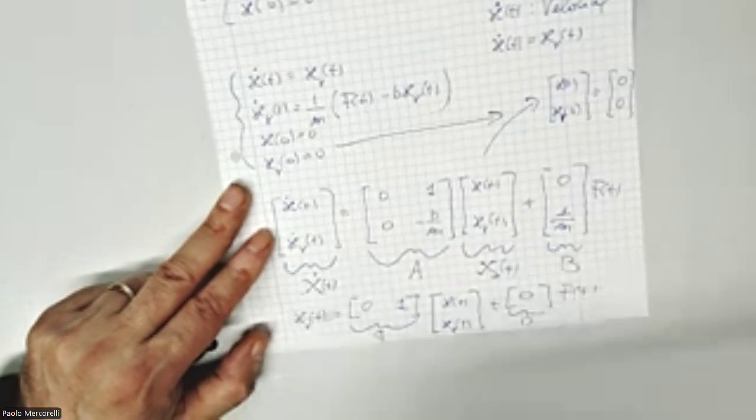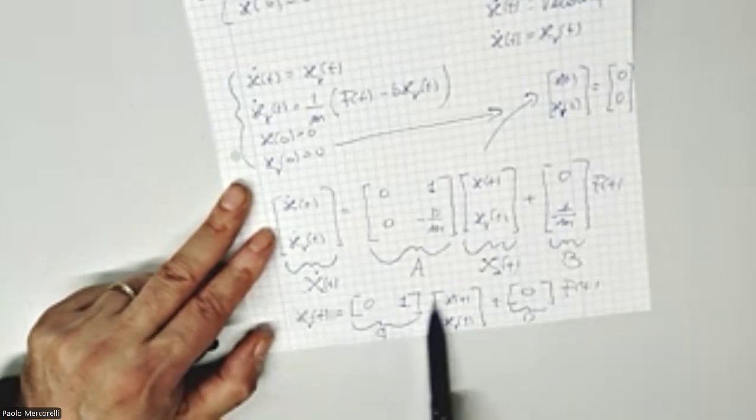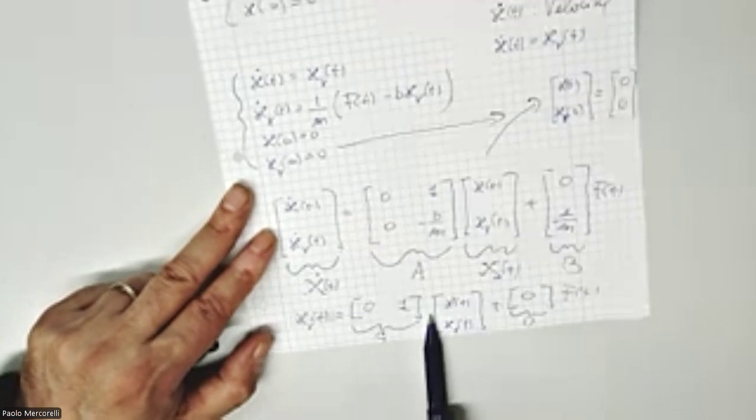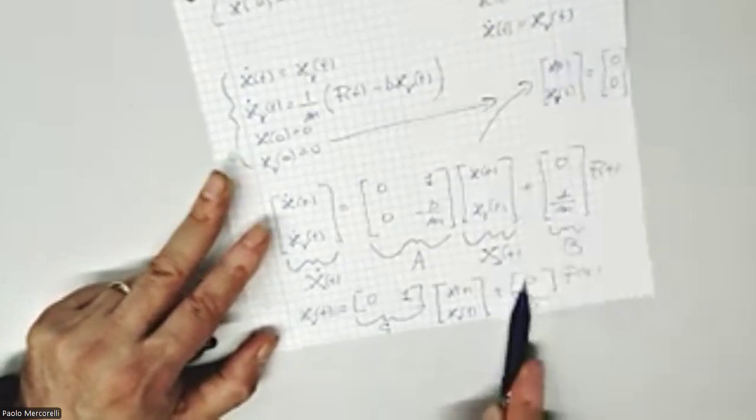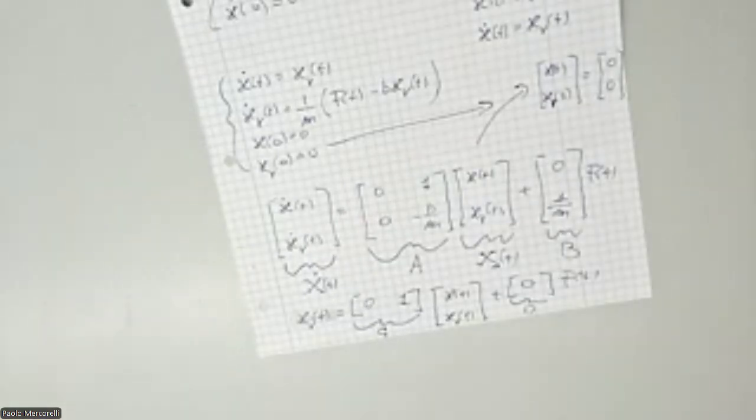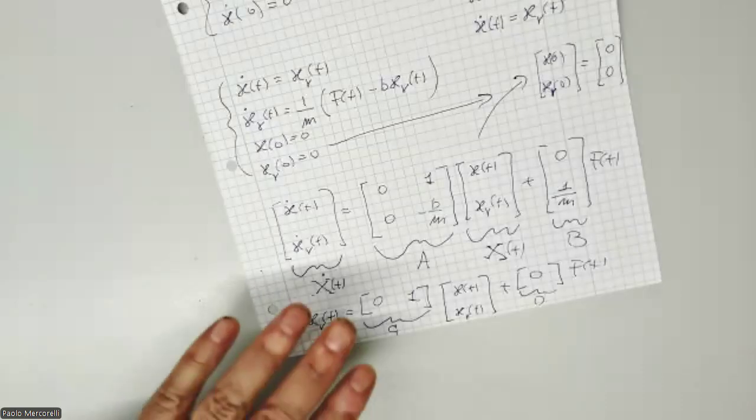This means mathematically, trivially, row multiply column, xv equals xv, plus 0 times f. Sometimes, you remember, this D is not 0, depending on what I want to control. Try to do at home to control acceleration. If you control the acceleration, you need something here. Try to do it. We did it together.